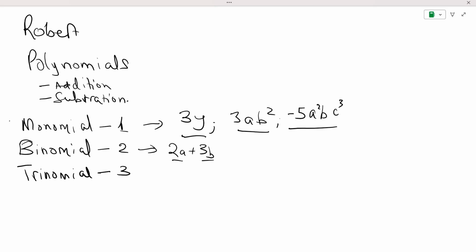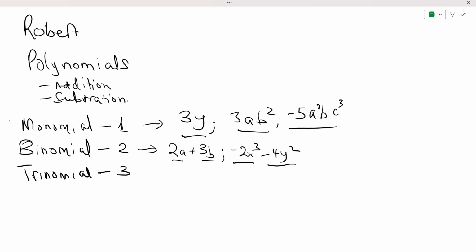Or it could even be minus 2x cubed minus 4y squared. Those are two terms, that one and then that one. So that qualifies as a binomial.